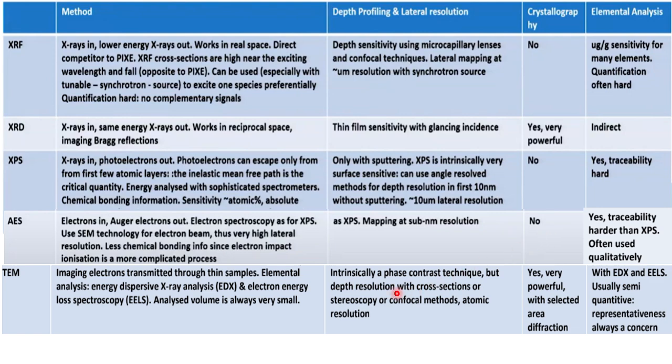On the other hand, TEM is very powerful regarding crystallography information, and elemental analysis could also be done with EDAX and EELS, usually semi-quantitative. So that is a disadvantage of TEM, but still we can do it through EDX and EELS.